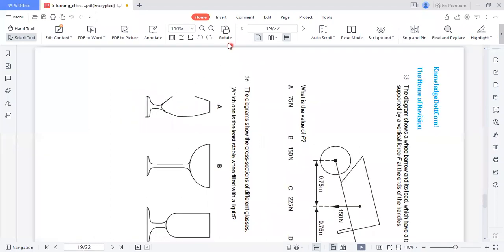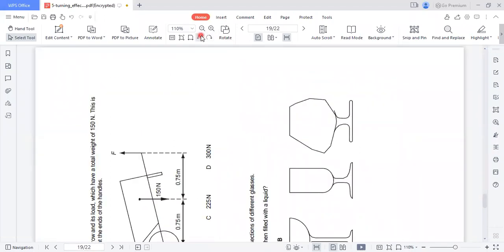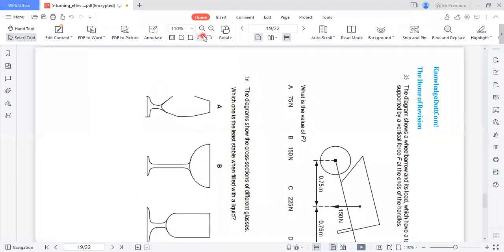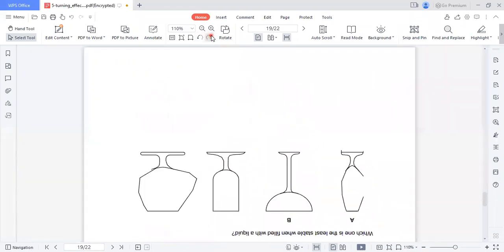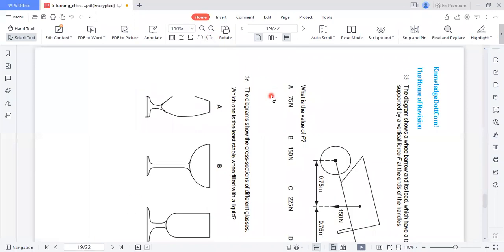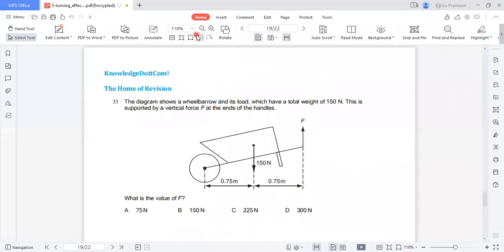Number 35. The diagram shows a wheelbarrow and its load, which have a total weight of 150 Newton.